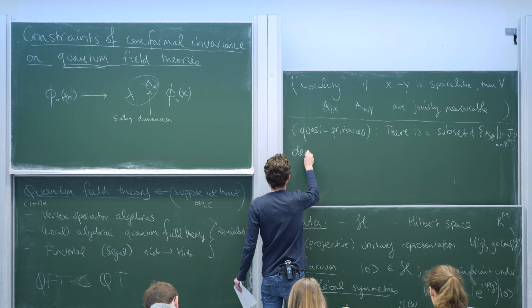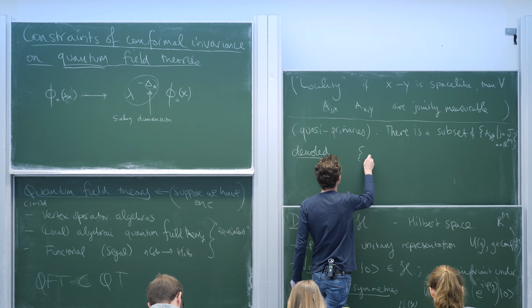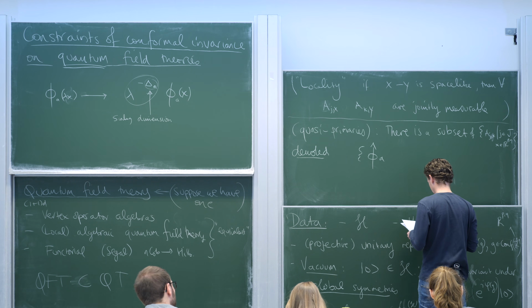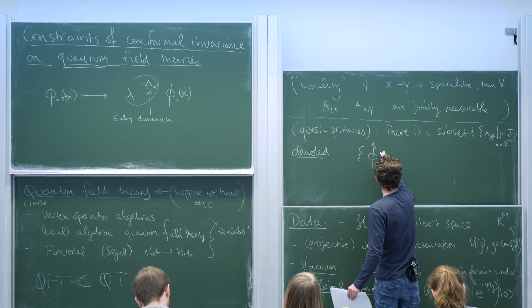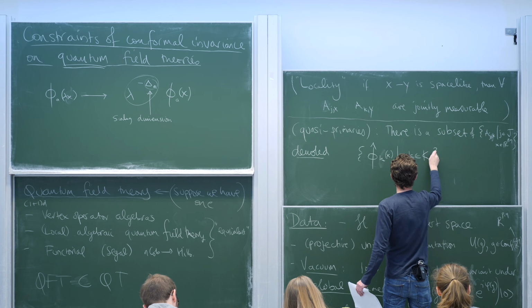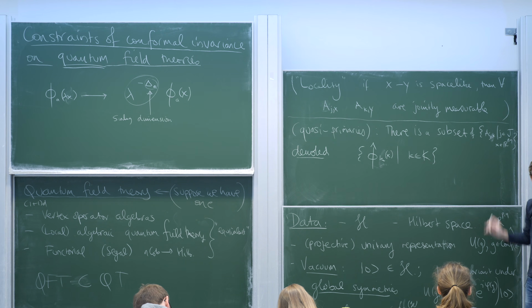We give it a name, a notation. Phi hat A, no, I use K. So every one of these things is one of these things, but not the other way around.